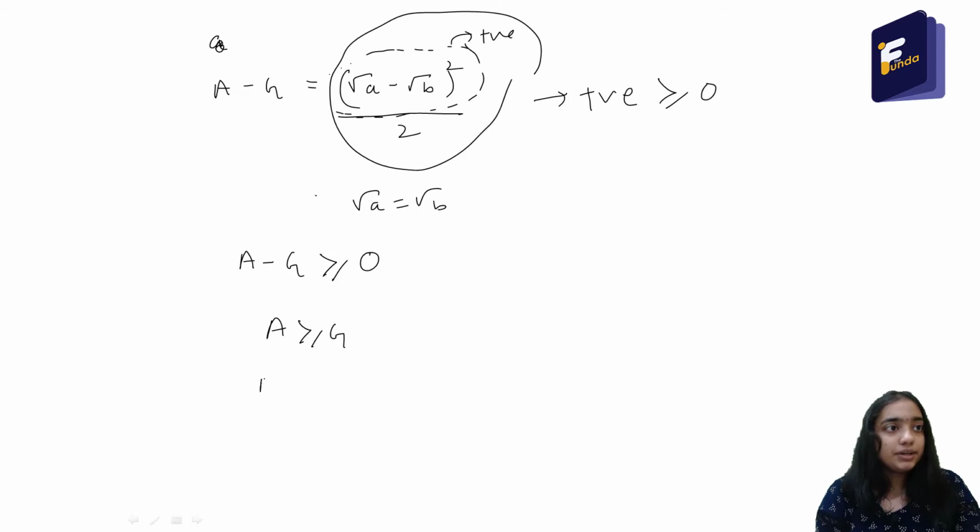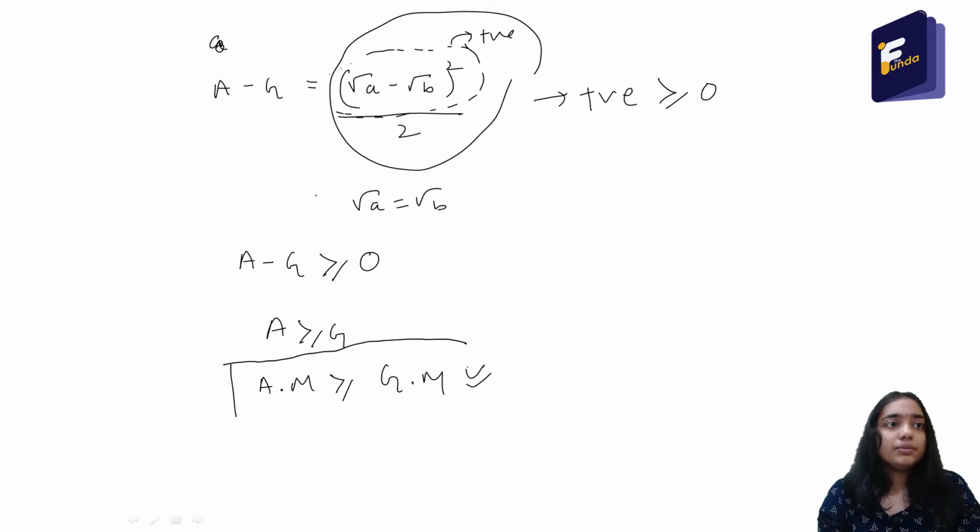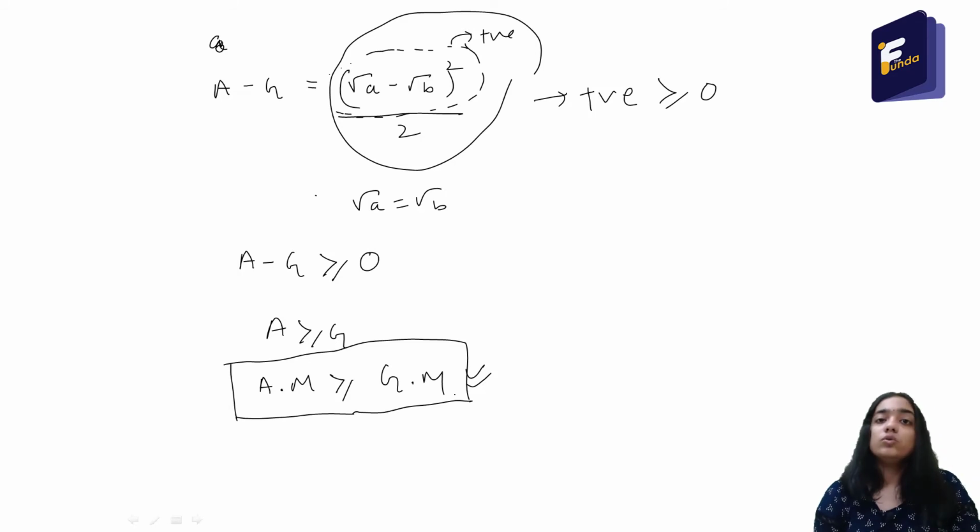So arithmetic mean is greater than or equal to geometric mean. This thing you have to remember: for any two numbers, the arithmetic mean will always be greater than or equal to the geometric mean of those two numbers.